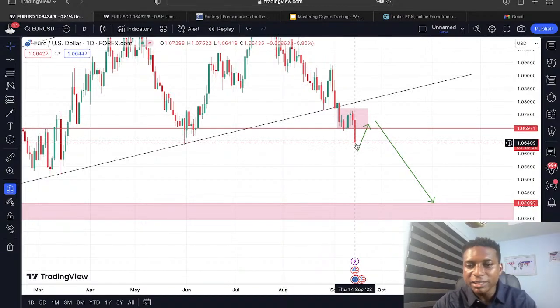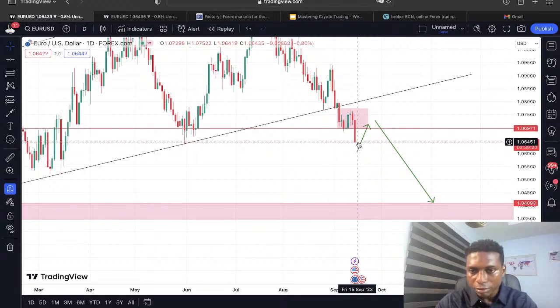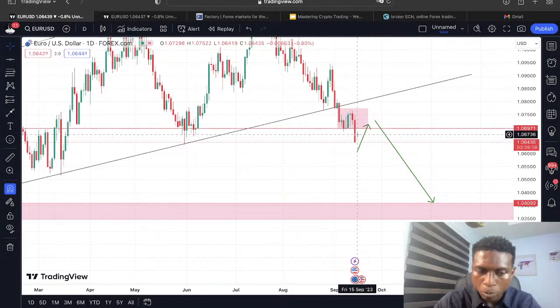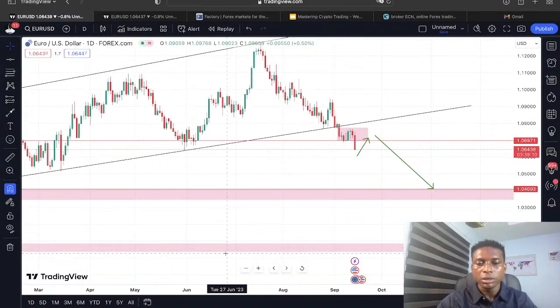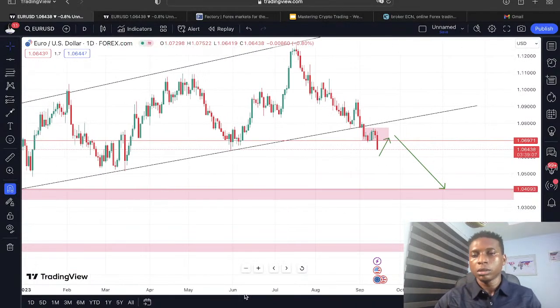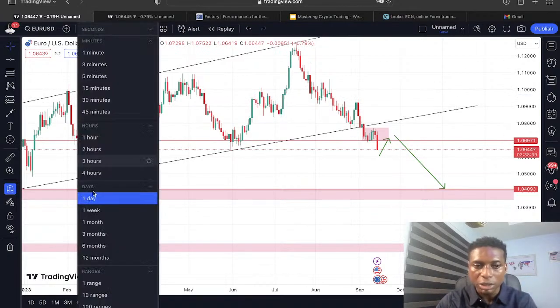So if this candle closes today fully bodied as it is, when tomorrow's candle opens there will be a retest, and price will continue to fall. My projection is Euro USD would continue to be bearish for the rest of the year, based on the technical analysis, based on our top-down approach.